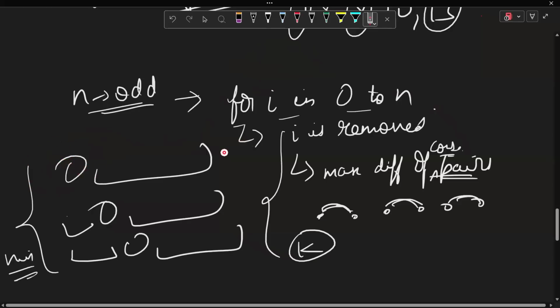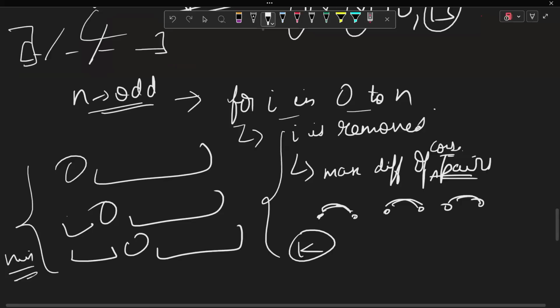So if I'm excluding some index of the array, then I would take the prefix max and suffix max. Among them, whatever the max is, that would be my k. Then if I'm excluding this element, prefix max, suffix max. So I can pre-compute the prefix max and suffix max. Okay, prefix max, with that I mean max among the pairs, and suffix max would also be max among the pairs.